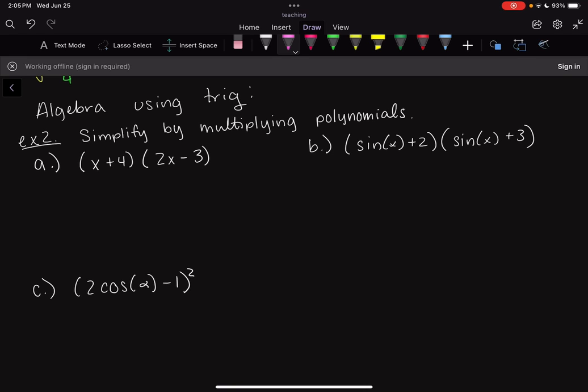When you have two polynomials multiplied like this, usually you may know it as foiling. So you have to multiply this number by everything in the second polynomial, and then you have to multiply this by everything in there as well. So I'll expand this out. I get 2x squared minus 3x plus 8x minus 12.